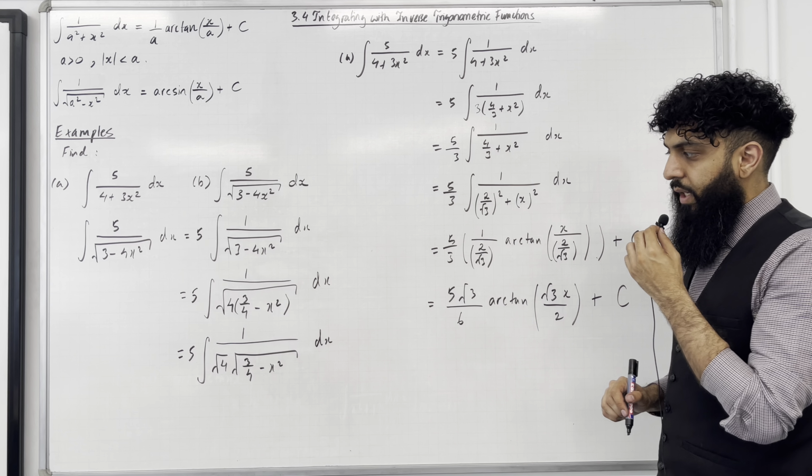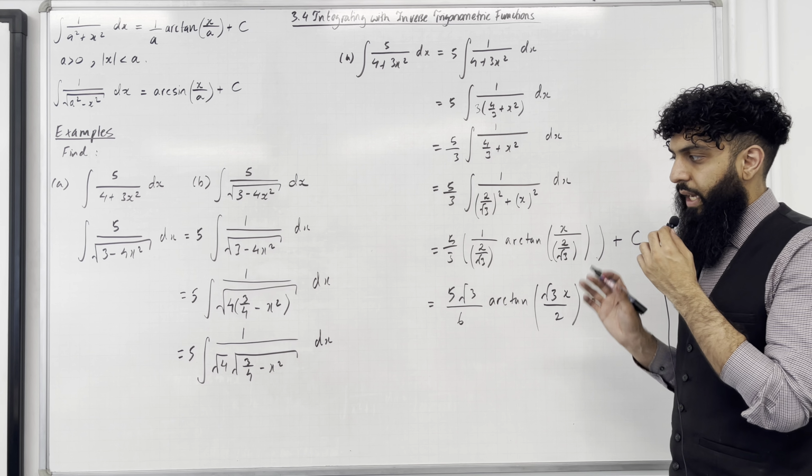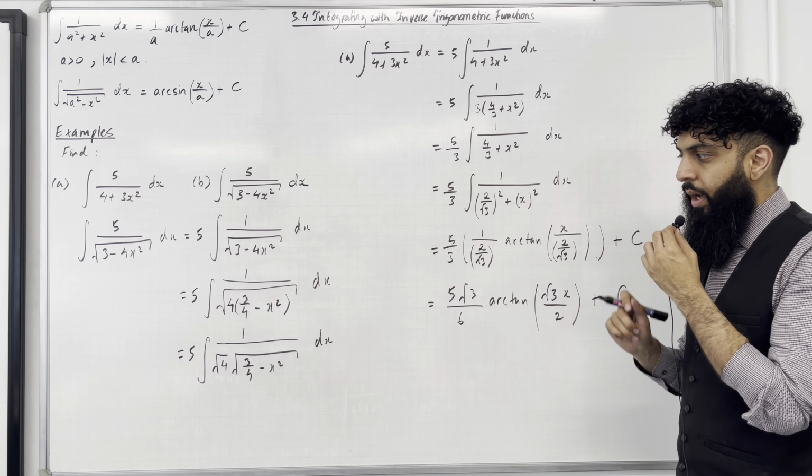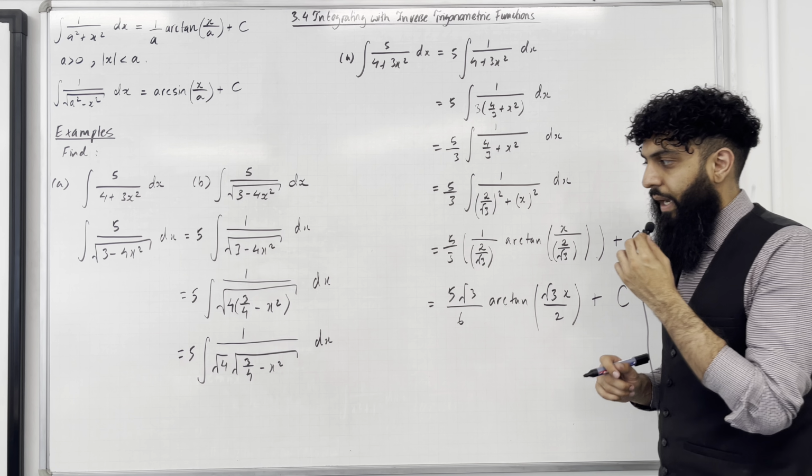Now 1 over square root 4 is just 1 over 2, and I can take the 1 over 2 outside the integral. 5 multiplied by 1 over 2 is just 5 over 2.